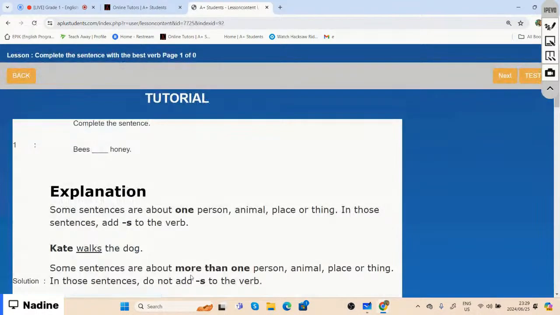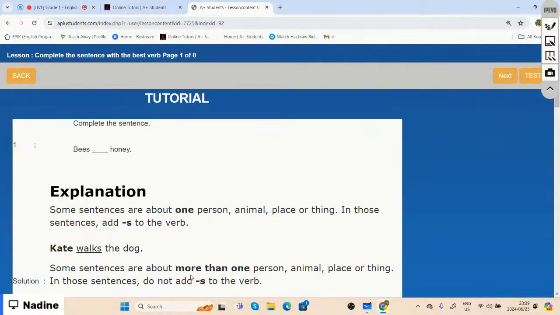We're going to complete the sentence with the best verb. And remember, we said that if we are talking about one person, one animal, one place, or one thing doing something, then our verb, the action, will end in an S. So let's say, for example, I am Miss Nadine.